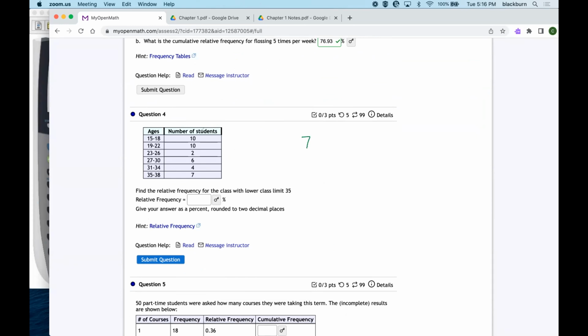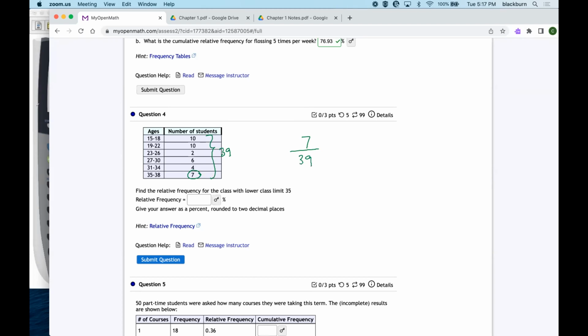Then how many people are there total? How many students total? So I'd add all those up. Let's see, 10, 20, 22, 28, 32, 39 people. So to find my relative frequency for those 7 people, I'm going to do 7 divided by 39.